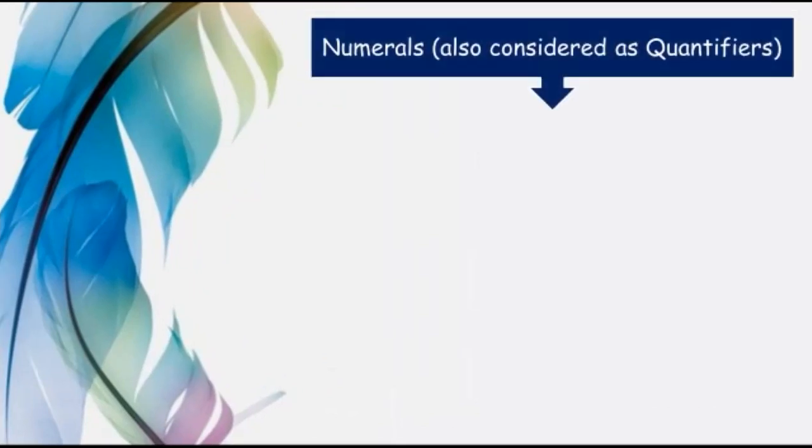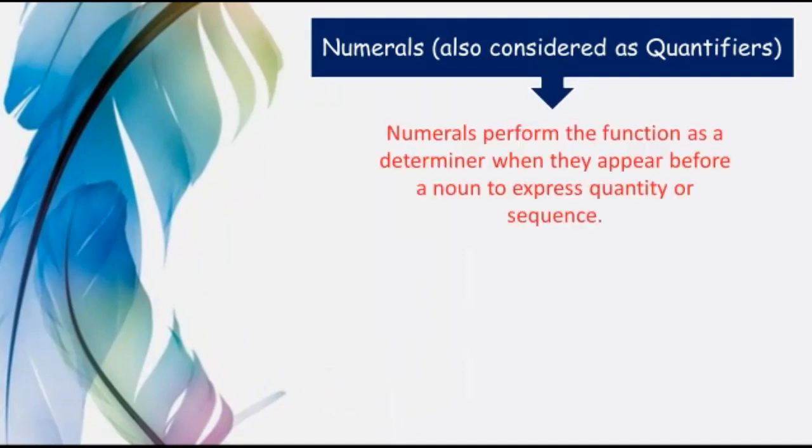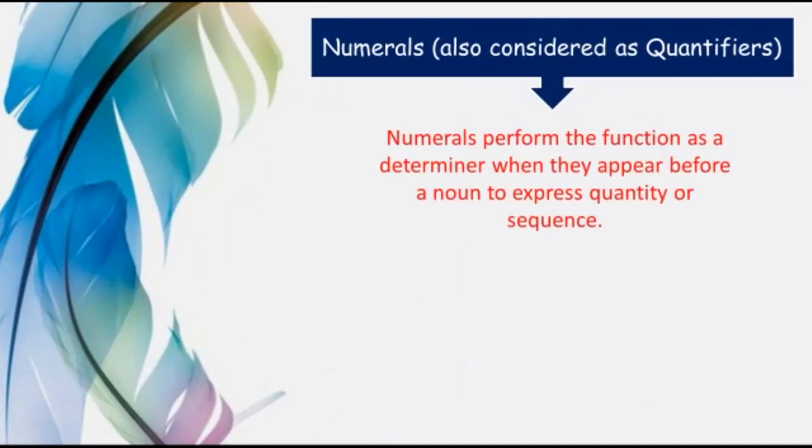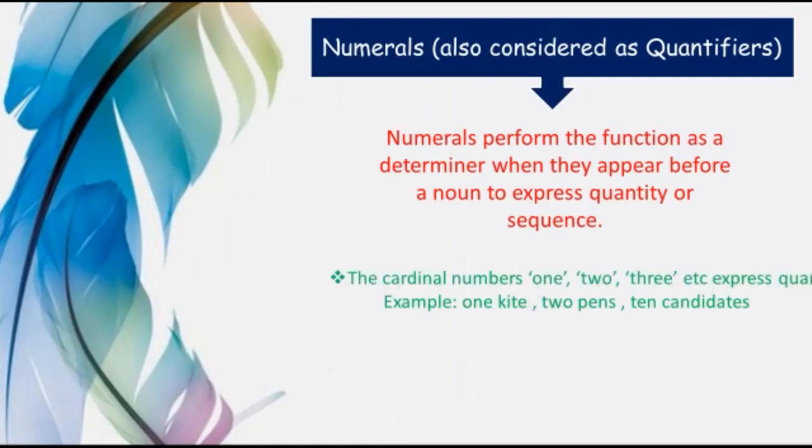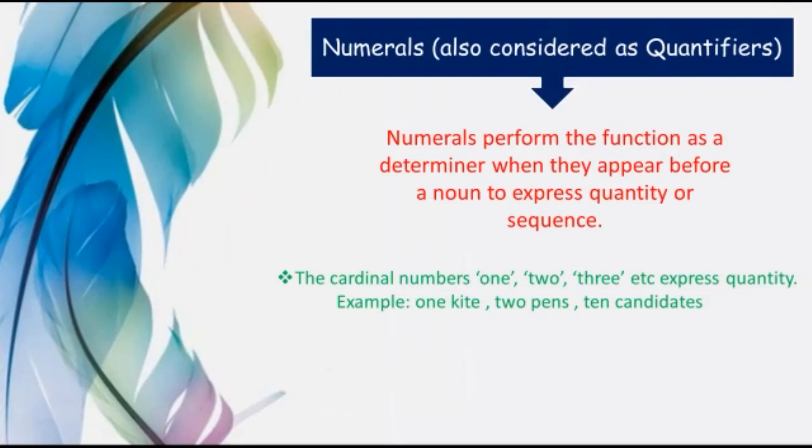Next is numerals. They are also considered as quantifiers. Numerals perform the function of a determiner when they appear before a noun to express quantity or sequence. The cardinal numbers 1, 2, 3, etc. express quantity.